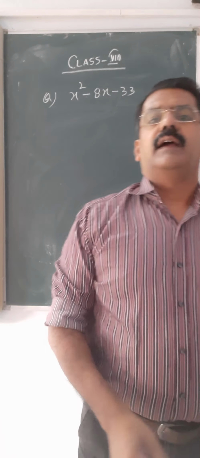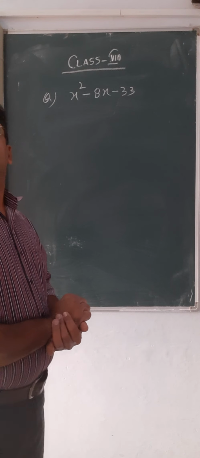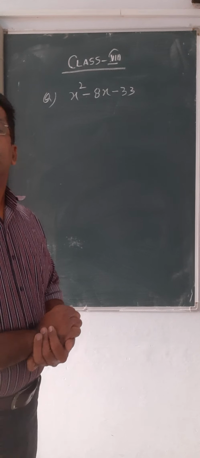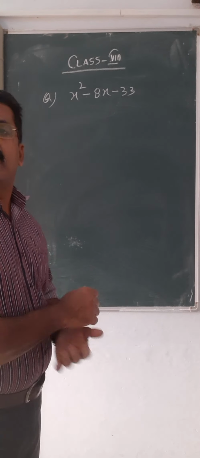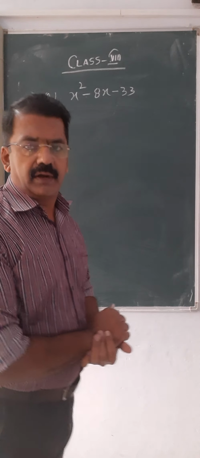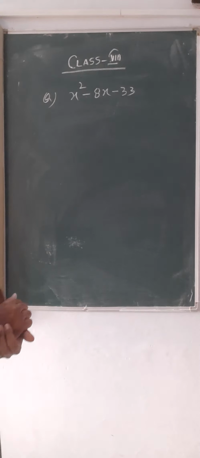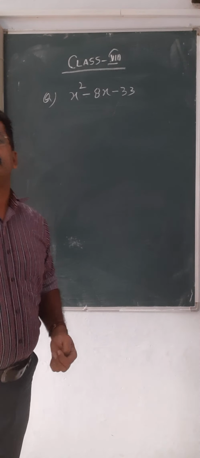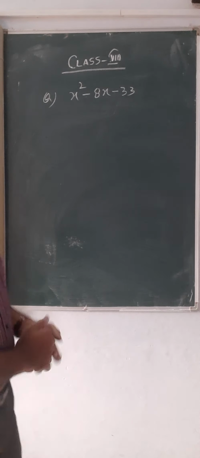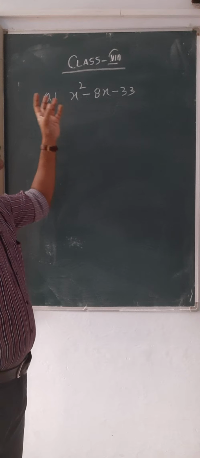X square minus 8x minus 33. Now it is a trinomial. This is a quadratic expression because the highest power of x is 2. And now we have to factorize this expression.